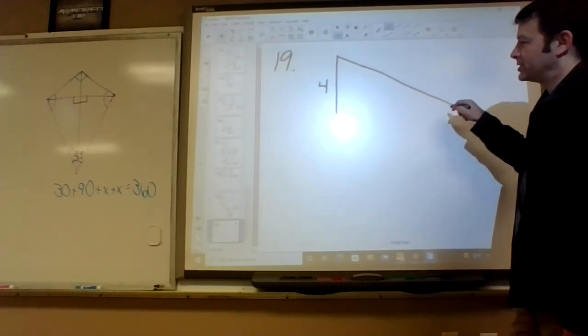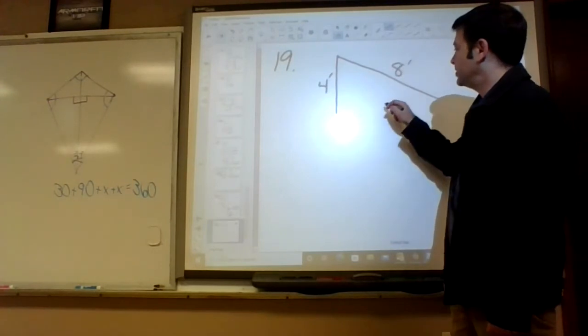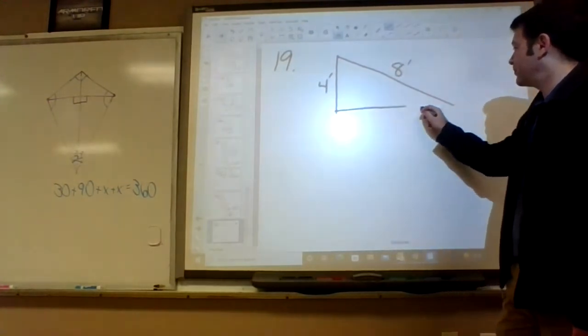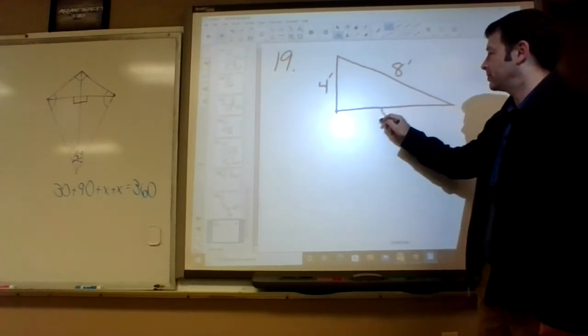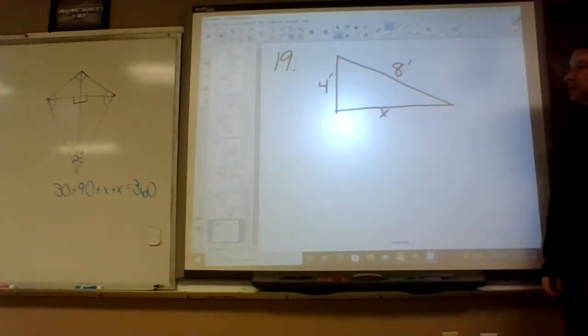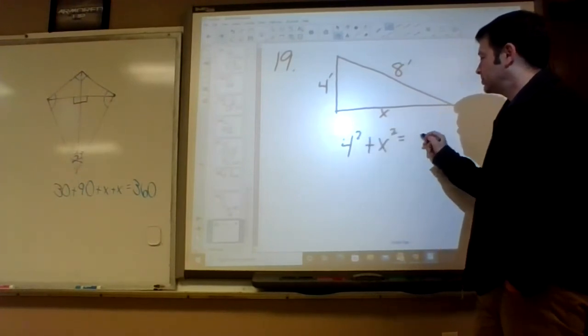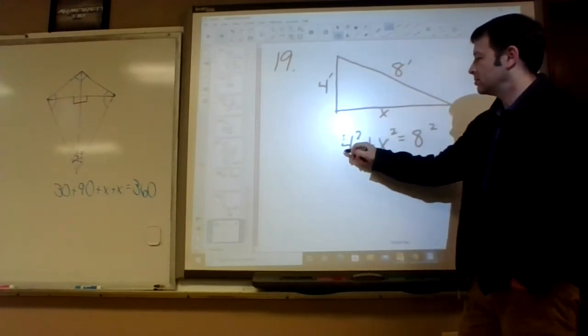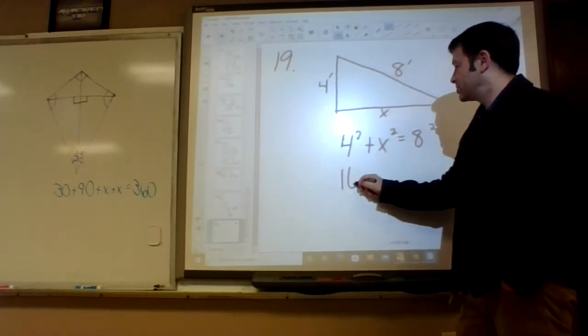And it said the rope was how long? 8 feet. So the question was, how far should the rope be from the pole along the ground? 4 squared plus x squared equals 8 squared. So 8 squared minus 4 squared.